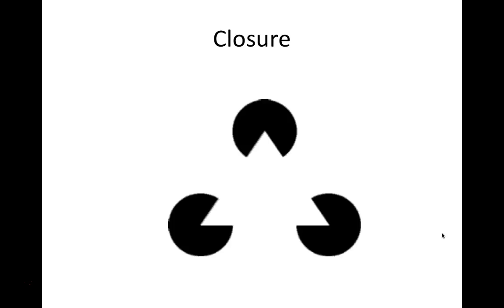Great example of closure. We tend not to see the 3 Pac-Men facing each other. We tend to very quickly configure this as a triangle.